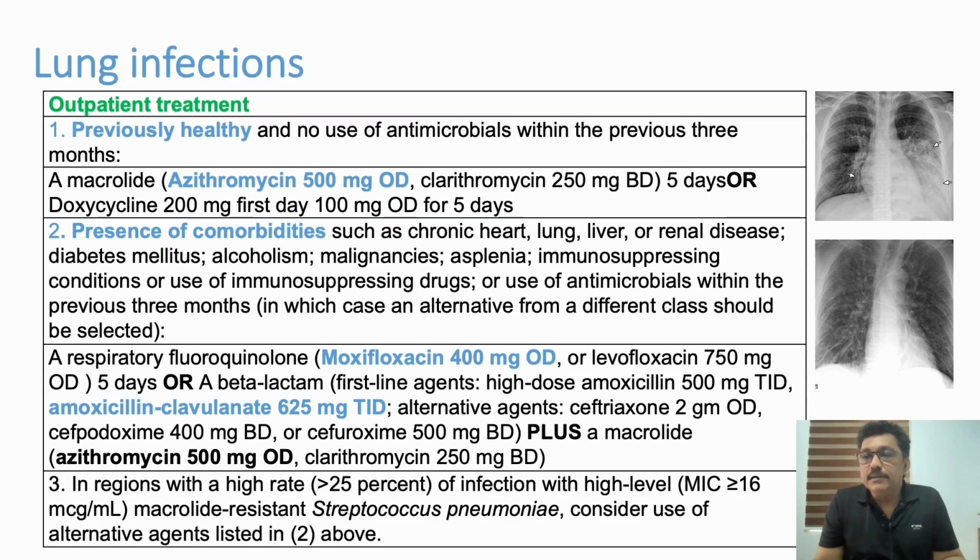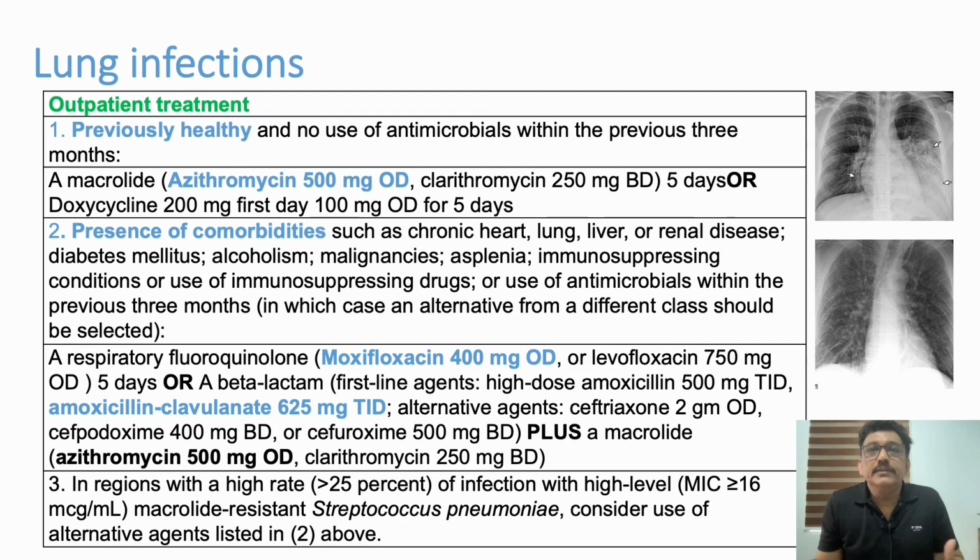And azithromycin, you all may be knowing that it is an anti-inflammatory drug in the lungs. In the lung parenchyma, it has an anti-inflammatory action, but it takes some time to produce it. But even then, it is a very useful drug in lung infection, and it is once daily for 3 to 5 days. 3 days for minimal infection.